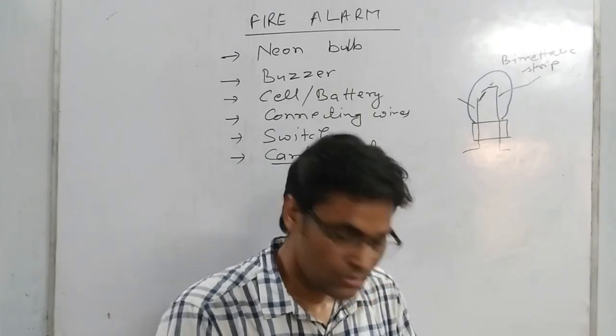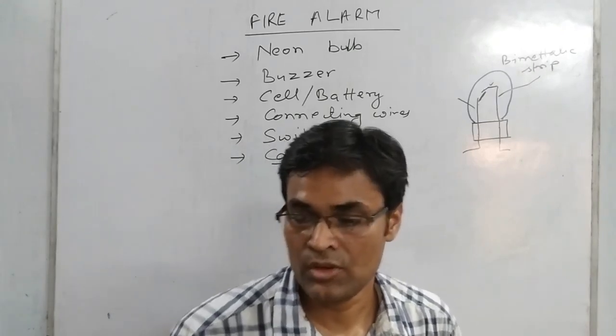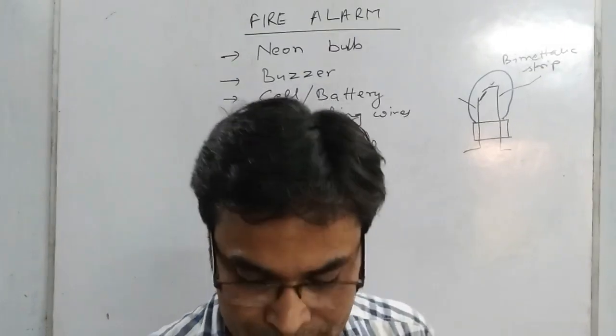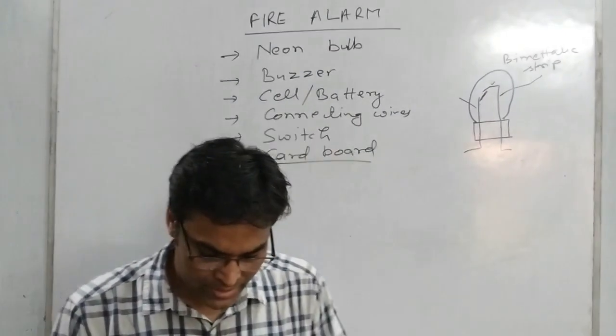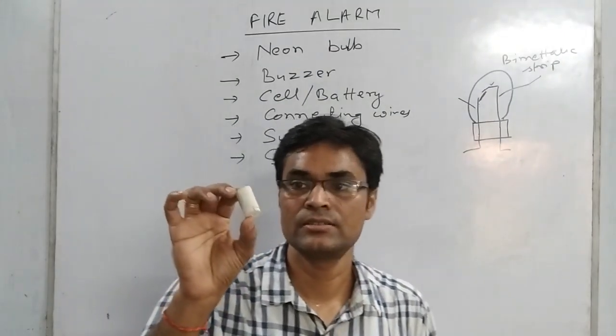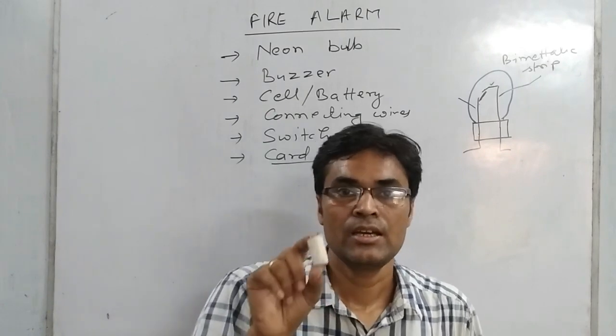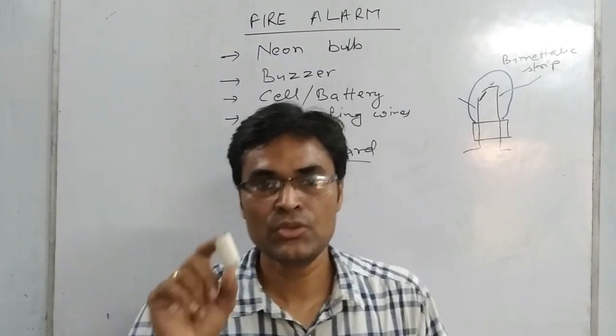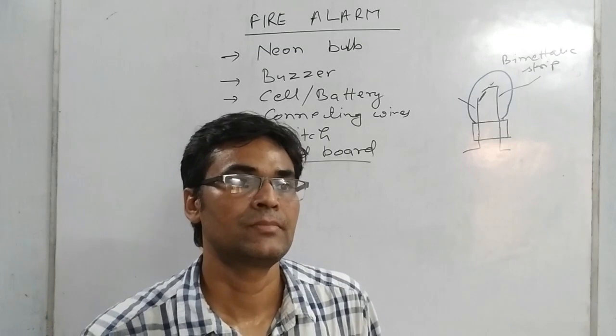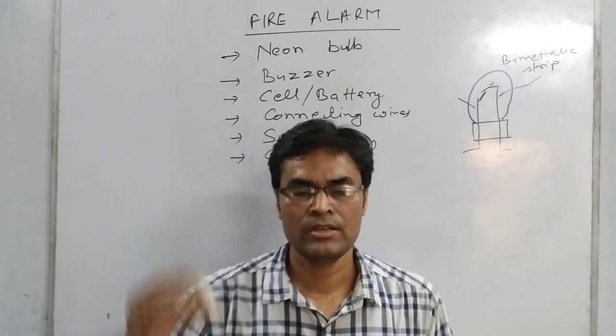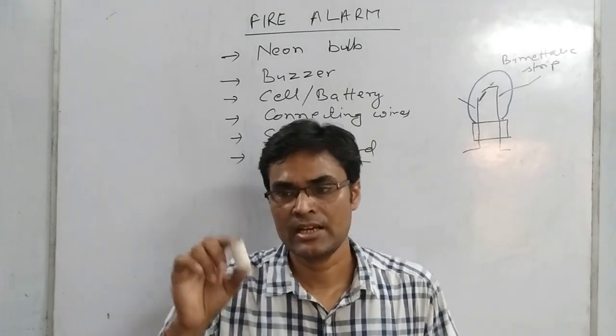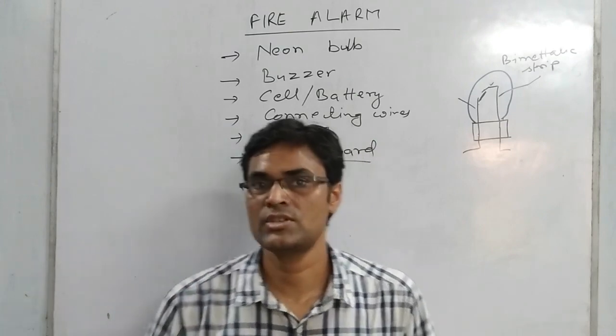Now the question arises: how will you get a simple neon bulb? In the market, you will get a starter. This is a starter, which is basically used in tube lights. In conventional tube lights, you use these starters to switch on the tube lights.